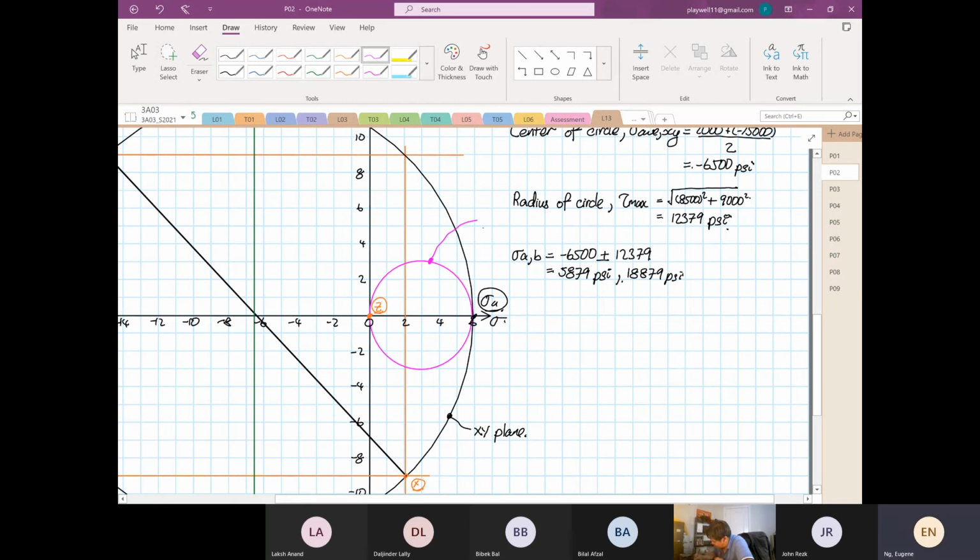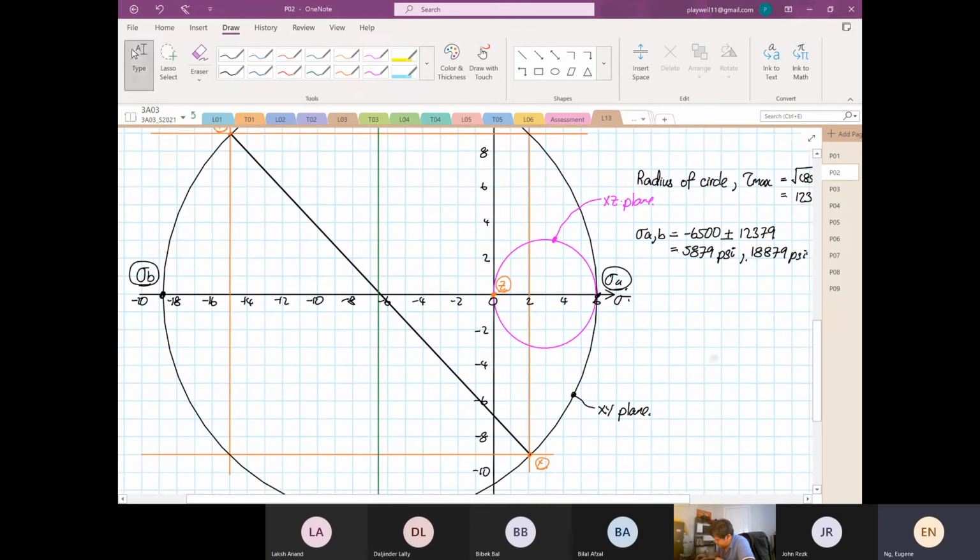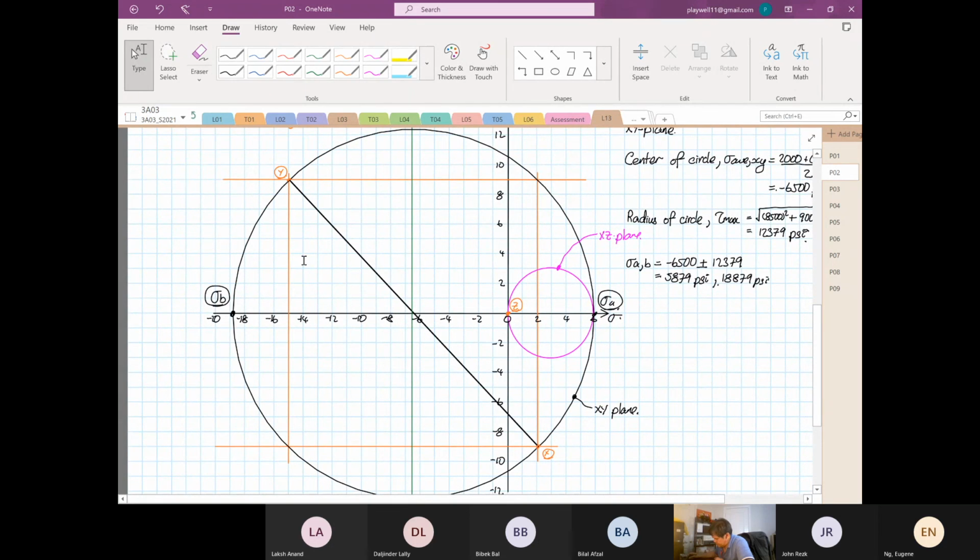This will be for your XZ plane. And the last circle, which I'm eyeballing, is for your YZ plane.